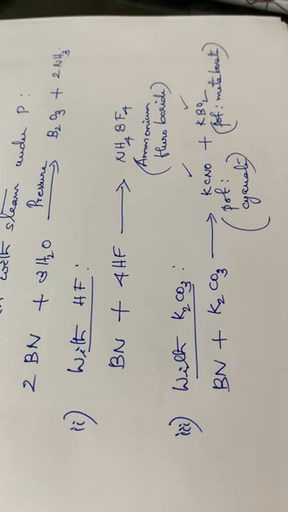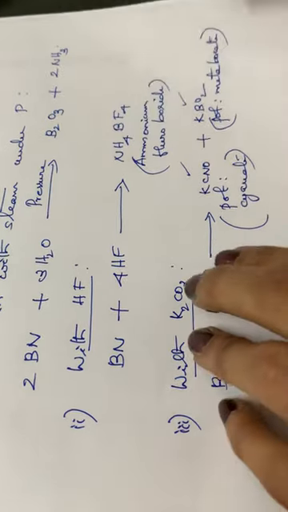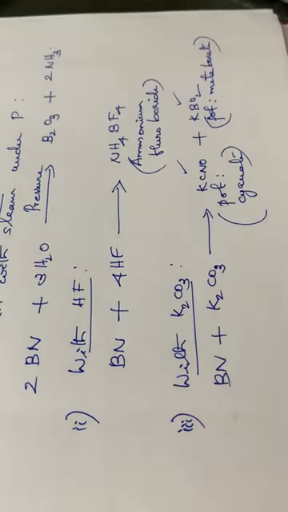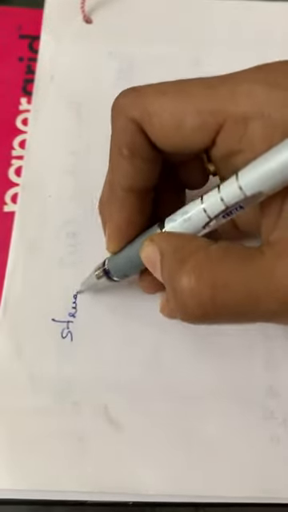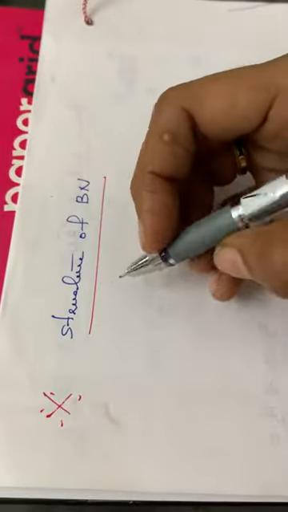Okay. Then the next one, that is the structure of boron nitride. Hope up to this you had written. The structure of boron nitride, this is important. It resembles the structure of graphite.